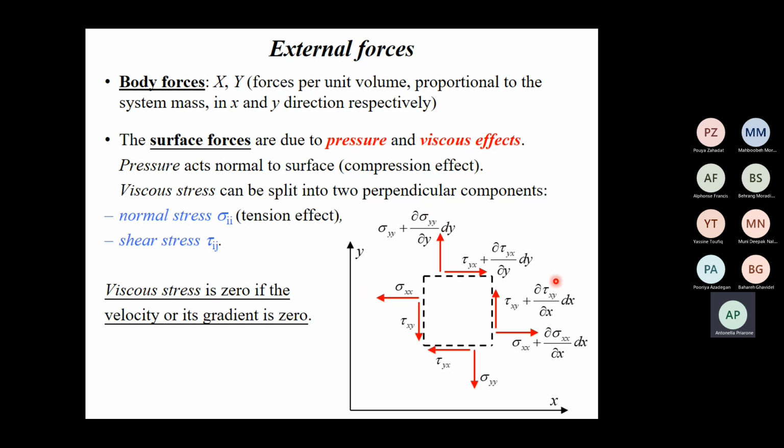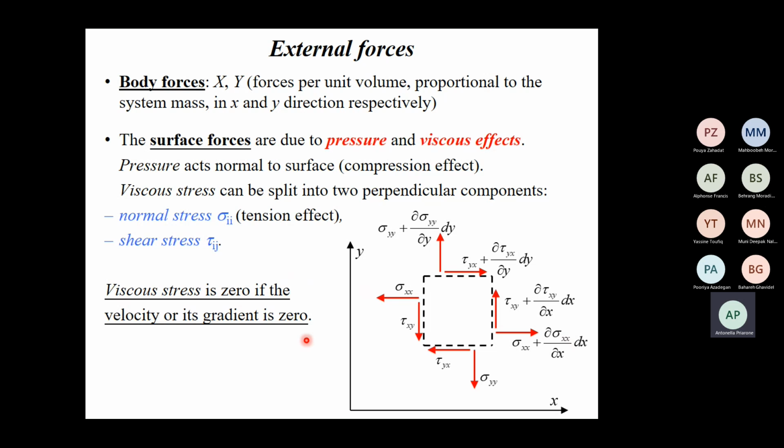Here, in this sketch, you can see all the viscous stresses. Viscous stresses depend on the velocity and the gradient of the velocity. So, if the fluid is motionless, I have no viscous stresses. If a fluid is motionless, I keep pressure, but I have no viscous stresses.